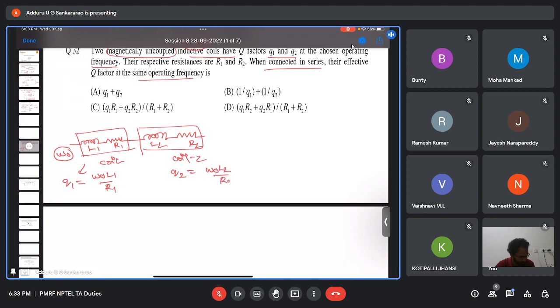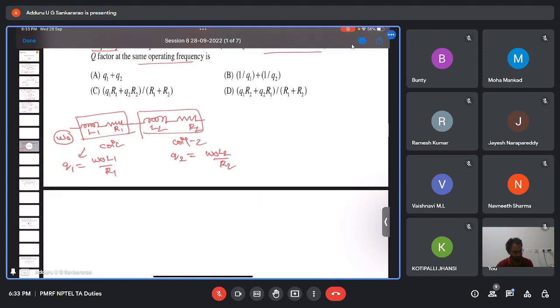Just now we have derived this from the series RLC circuit, Q factor is omega naught L by R. Since they are in series, L equivalent would become L1 plus L2 plus 2M, but this 2M is not there because they are not magnetically coupled.